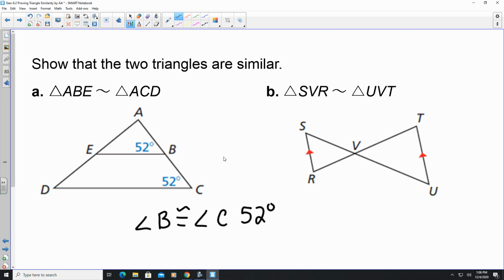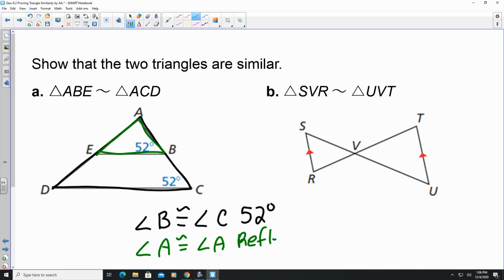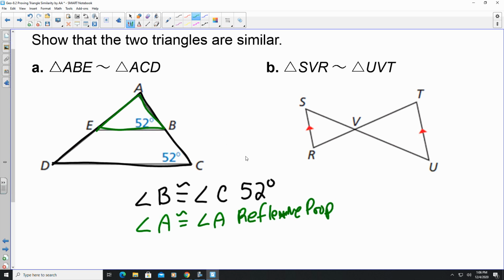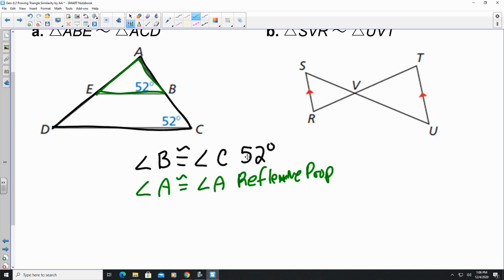But if you notice, this triangle here shares an angle, and that's angle A. So you can say something like angle A is congruent to angle A because of the reflexive property, all right? So now I know that whatever angle that happens to be, they're going to be congruent. So now I have one set, I have two sets.